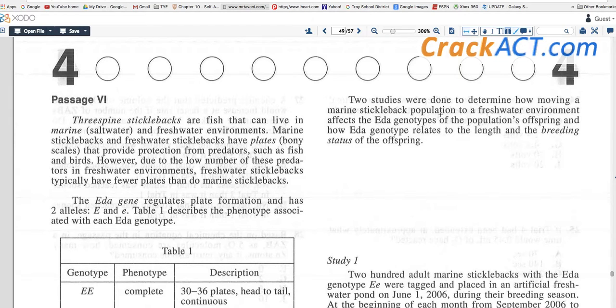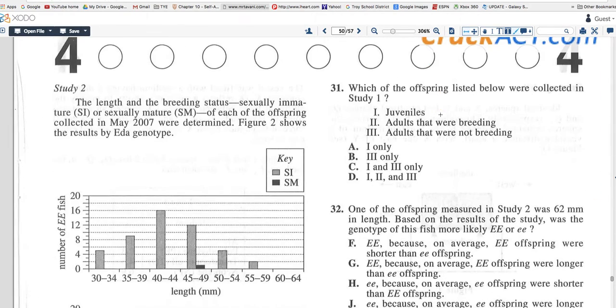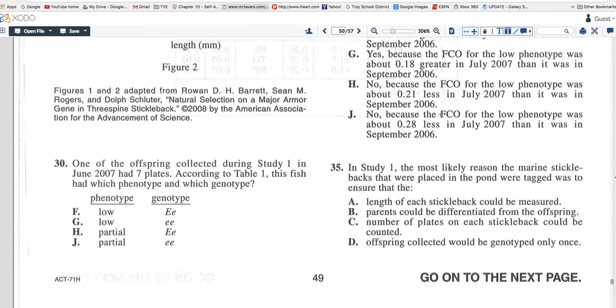All right. Who wants to start with 30? Yes. All right. Rohit. So you have to underline study 1, June 2007, and then table 1.